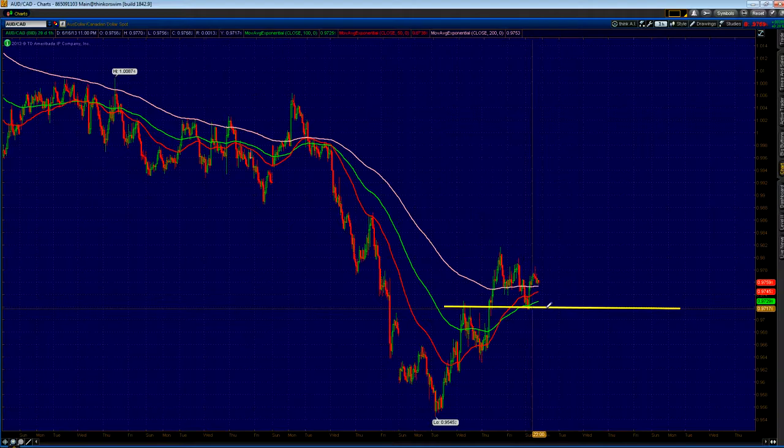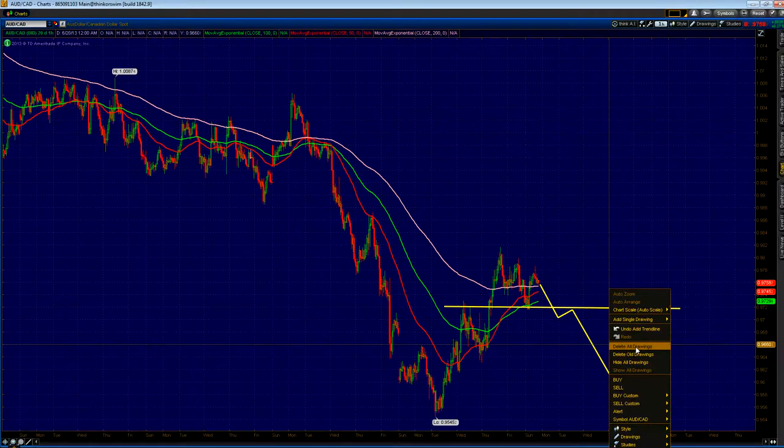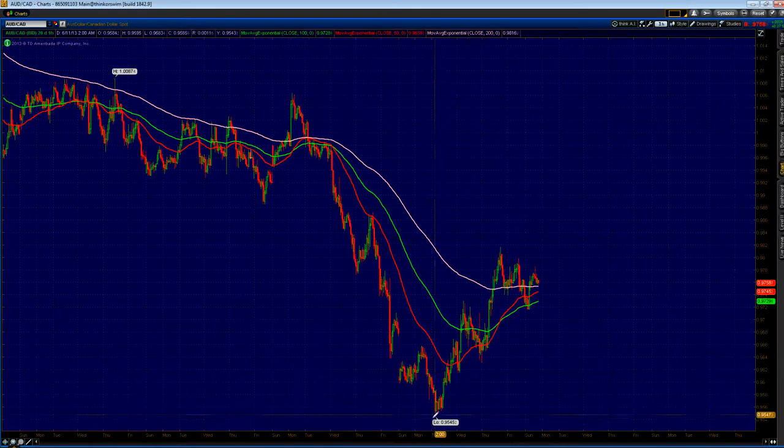It's now been support, so that's the area that's going to need to fail for price to continue lower. So if we break below 97.20, you may see an opportunity to sell the Australian dollar against the Canadian dollar, short Aussie CAD, for a move likely to new lows. Again, if the 50% fib holds, it seems likely and even probable that new lows are in the offing.